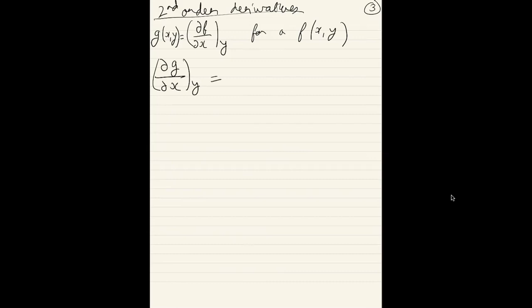So this thing will now be partial by partial x, and it gets a bit messy while writing it, but it's not very complicated, of something with keeping y constant. And what is that something? That something itself is partial f by partial x at constant y.